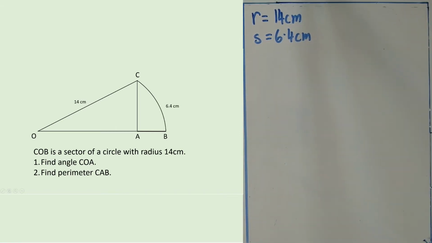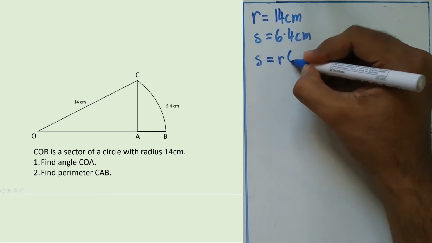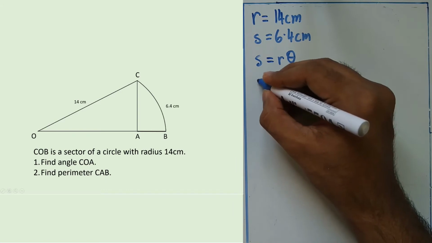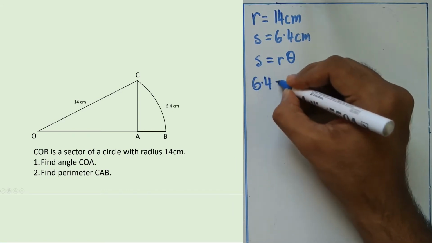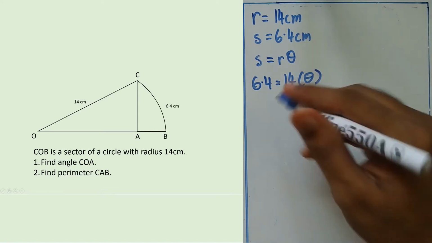Based on these two values, we can calculate the angle of COA by using the arc length formula, which is S equals R theta. Caution is needed here as the unit of theta is in radians, not degrees. We compute theta by substituting the values of S and R into the equation, and we will get this form.